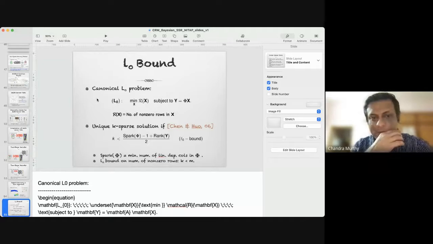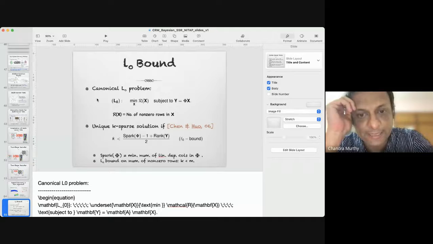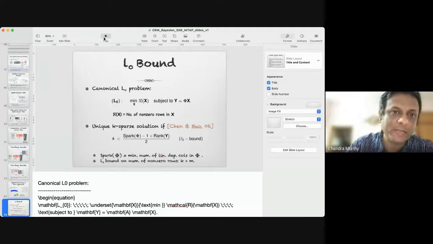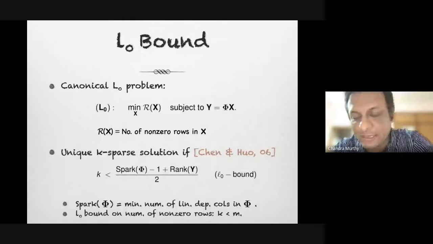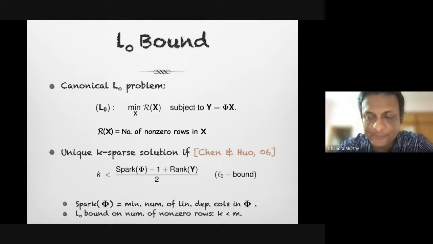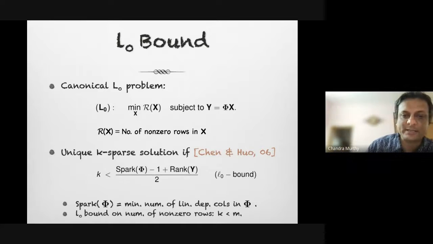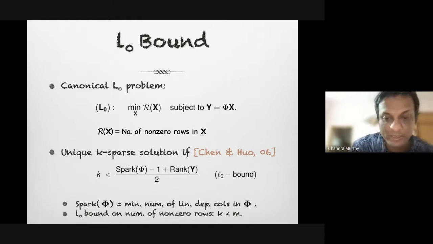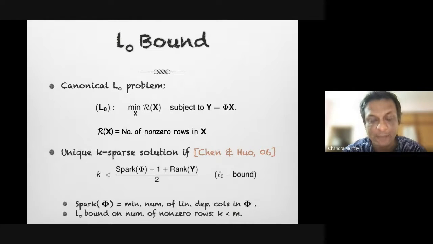Okay, to continue, I think it may be getting a little heavy on the detail, but the point I wanted to make in this slide is that there is a fundamental bound, known as the L0 bound, for this joint sparse recovery problem. What it says is that if R of X, the number of non-zero rows in X, is equal to k, then k must be less than m, the number of rows in this matrix phi.